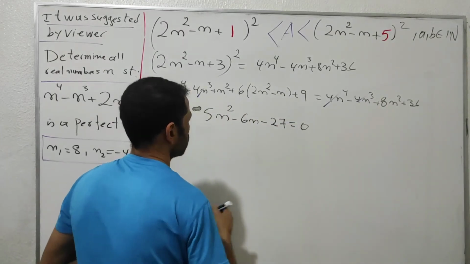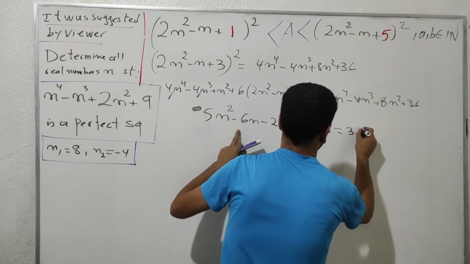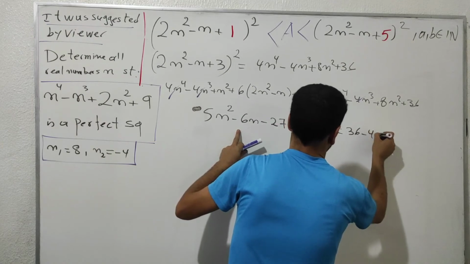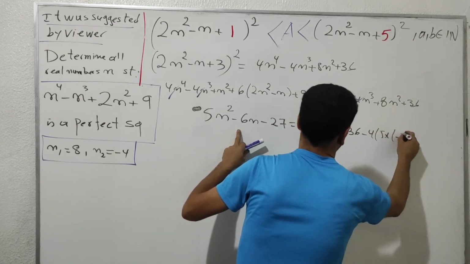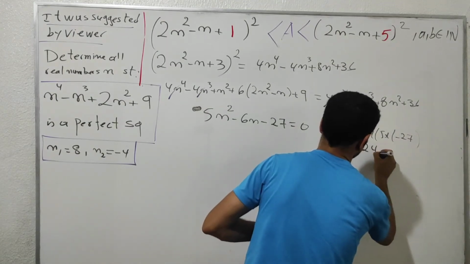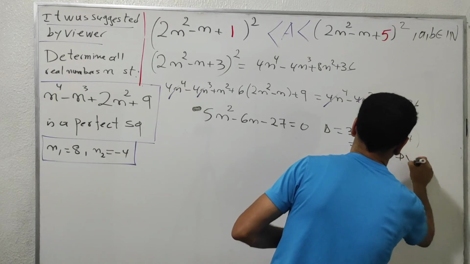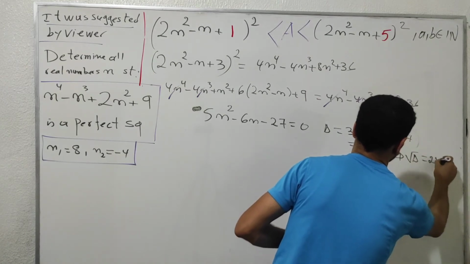Okay, by using the delta here, I get here 6 square, which is 36 minus 4 times 5 is multiplied by minus 27. If we check this one, we get here 24 quantity square. Okay, so square root of delta is 24.